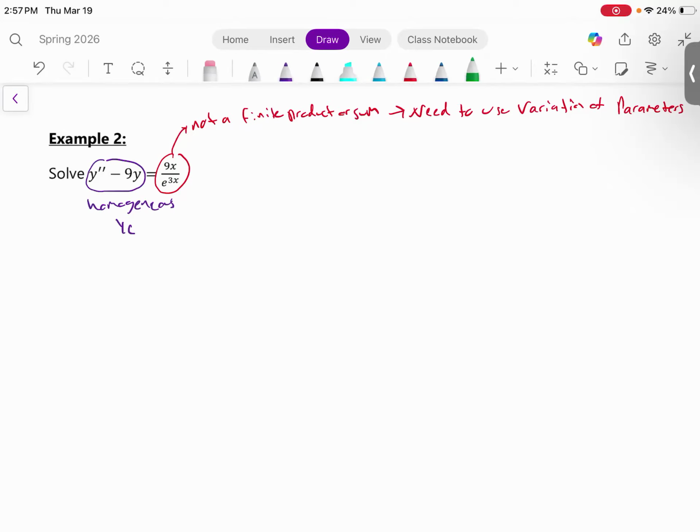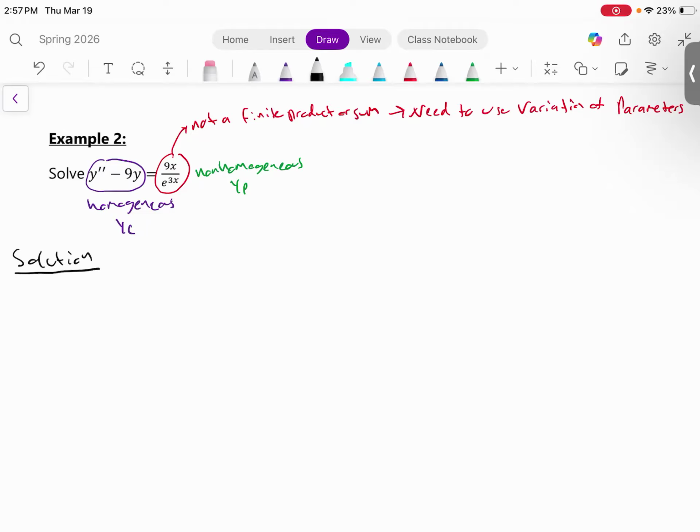And this 9x over e to the 3x is our non-homogeneous component, and that gives us our particular solution. So we want to solve this. When we solve one of these, we always take our first step, and that is solving the complementary solution with the auxiliary equation. So let's go ahead and start our solution.